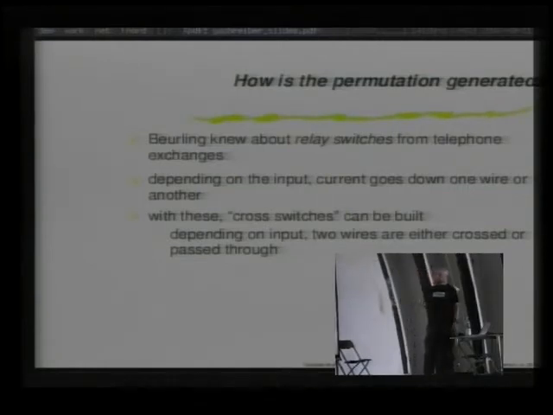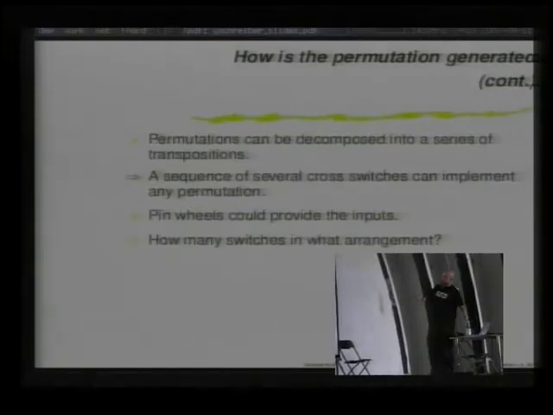So if you take your 5 signal lines in the teleprinter, and you want to permute the signals somehow, you can put cross switches in between the individual wires at some positions, and transpose the bits that way.